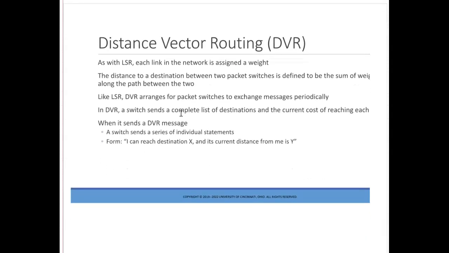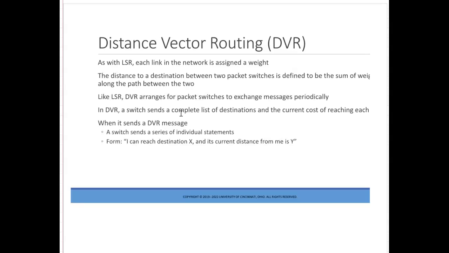As with LSR, each link in the network is assigned a weight. The distance to a destination between 2 packet switches is defined to be the sum of weights along the path between the 2. A weight can be as simple as how many hops to the destination. Like LSR, distance vector routing, or DVR, arranges for packet switches to exchange messages periodically.